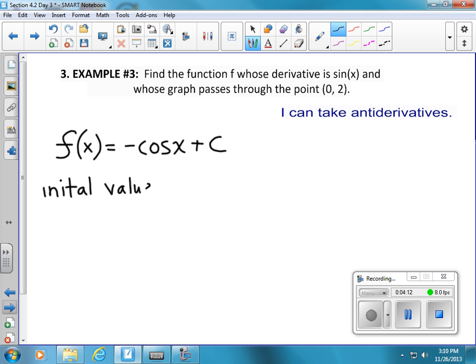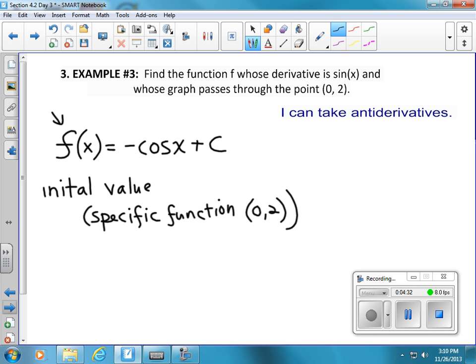We have figured out a general function. Now they're asking us for a specific function, one that passes through the point 0, 2. So what we're going to do is this is our x, this is our y. We're going to plug it in and calculate c.